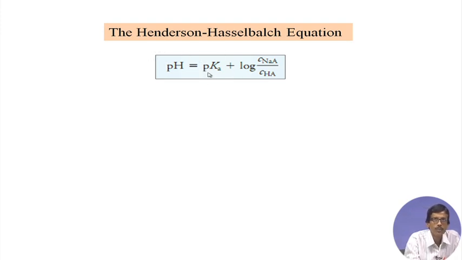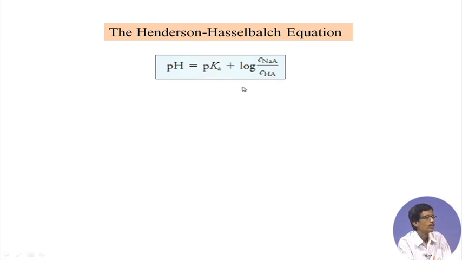The pH will be related to the pK value plus the log of C_salt divided by C_HA. If A is your acetate ion, C_salt will be the concentration of sodium acetate, and C_HA will be the concentration of the acetic acid.